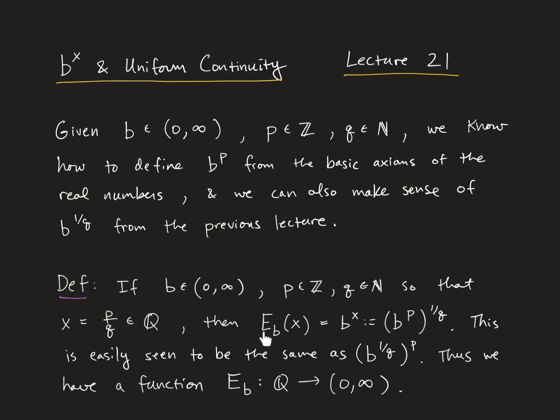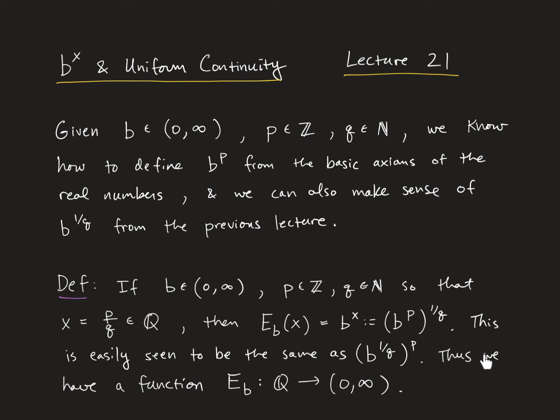This is the exponential function with base b and exponent x. We define that to be the qth root of the pth power of b. And this is easily seen to be the same thing as the pth power of the qth root of b as well. So you can take that as an alternate definition.